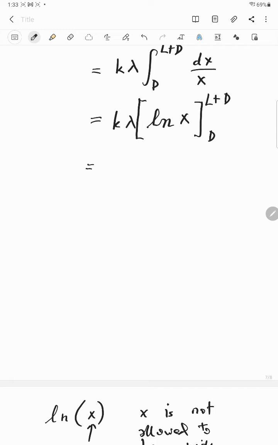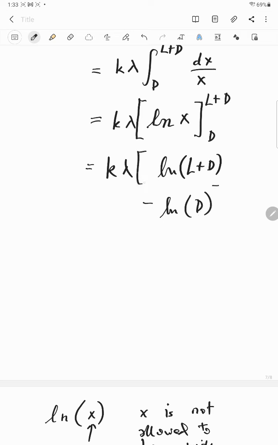It goes k lambda times natural log of L plus D minus the natural log of D. The problem is that the arguments of the natural log have units, because they're distances, but we're saved by the fact that we have a subtraction. So let's take one more step: the difference between two natural logs is the natural log of the quotient.